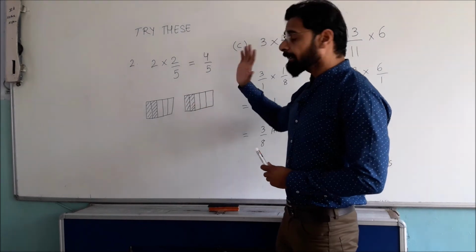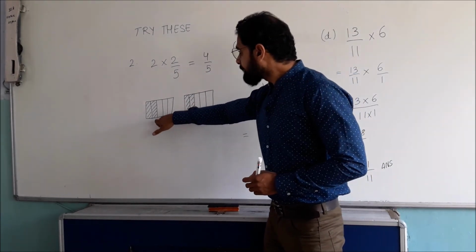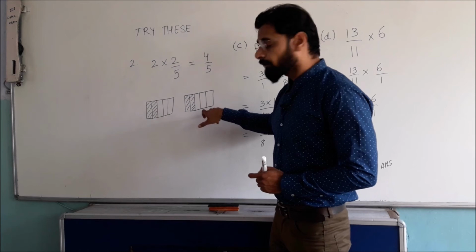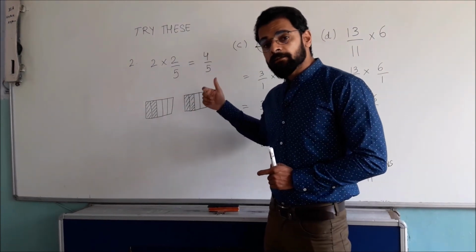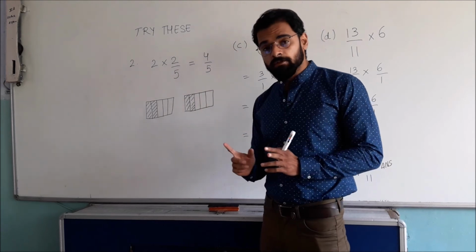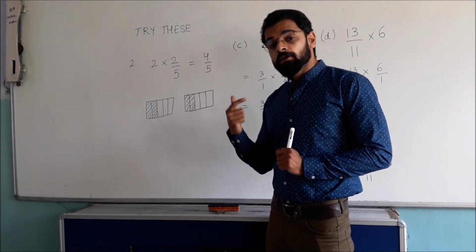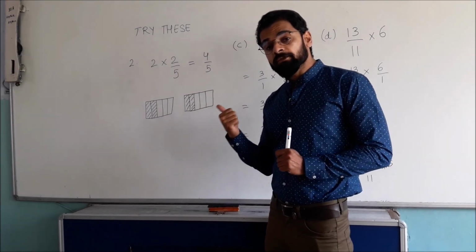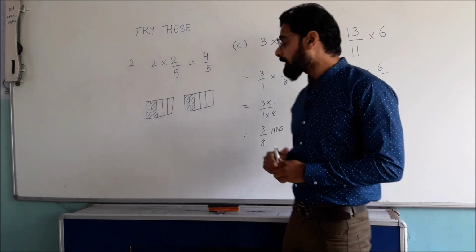Now the right hand side, see, if I multiply 2 with 2/5, the answer I am getting is 4/5. That is, I will take a picture with 5 parts and from that picture I will shade 4 parts.